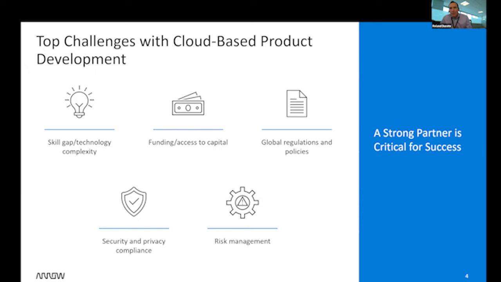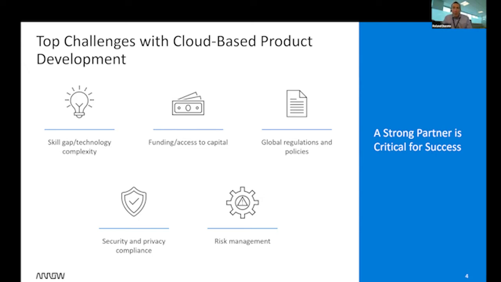There are also things that continue in business, such as issues around access to capital. Obviously, we want to adhere to all local and international regulations and policies. What I think is relatively new, in addition to identifying skill gaps, are security and privacy compliance issues.